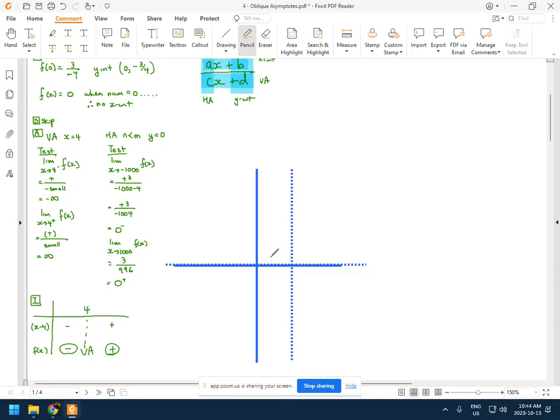I don't have x-intercepts, but my y-intercept is negative 3 over 4. My vertical asymptote tells me I am very small on the left side and very large on the right side. My end behavior, I am underneath on the left side. I am above on the right side.